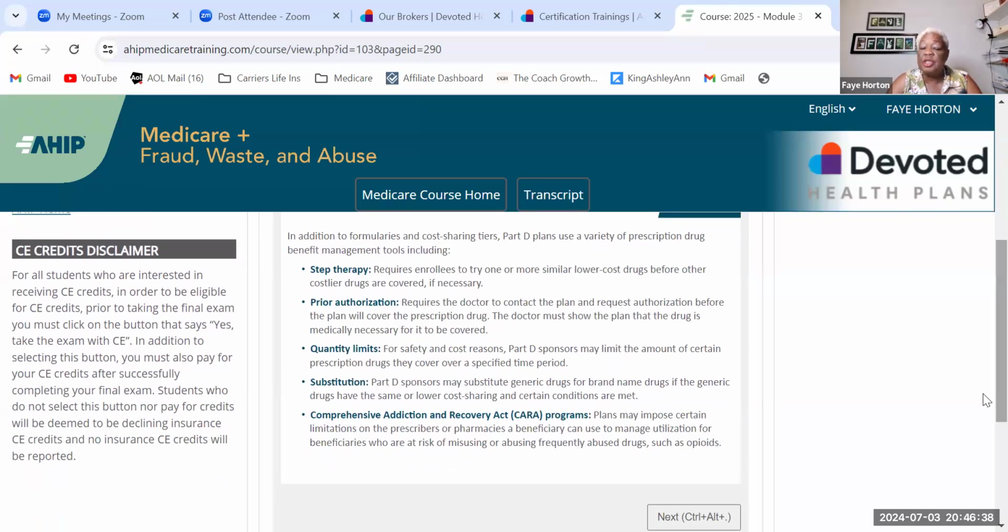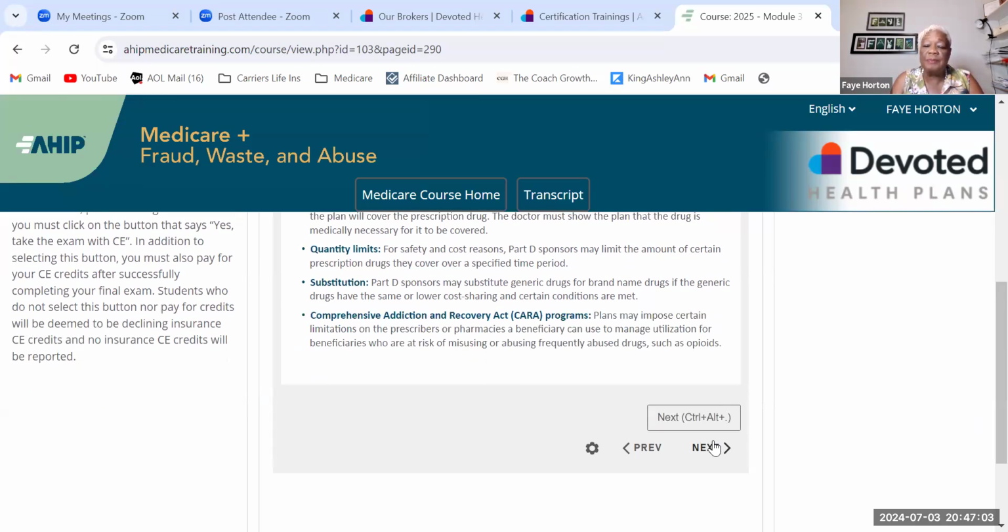Under the Comprehensive Addiction and Recovery Act program, CARA, plans may impose certain limitations on the prescribers or pharmacies a beneficiary can use to manage utilization for beneficiaries who are at risk of misusing or abusing frequently abused drugs such as opioids.